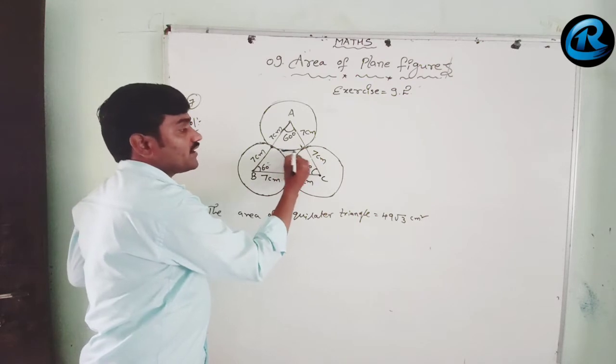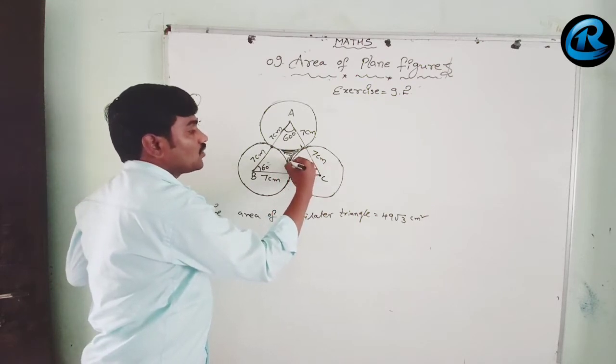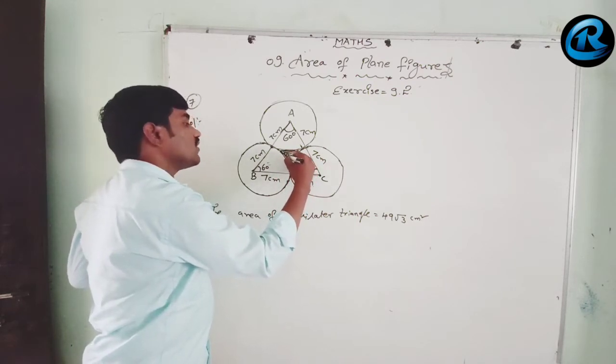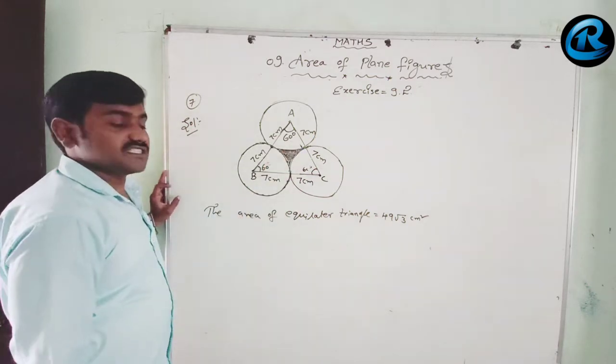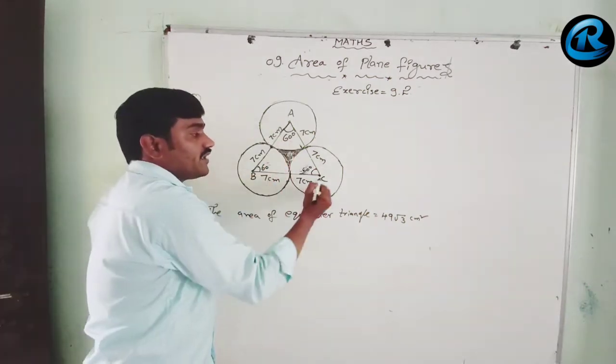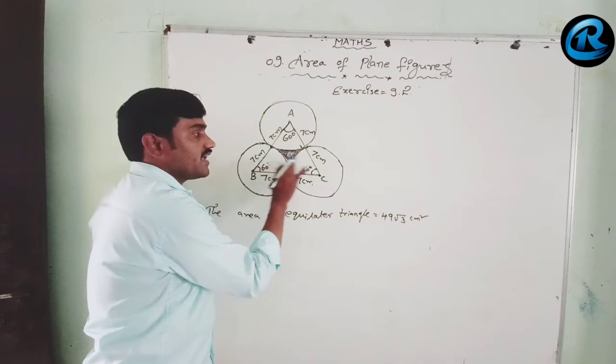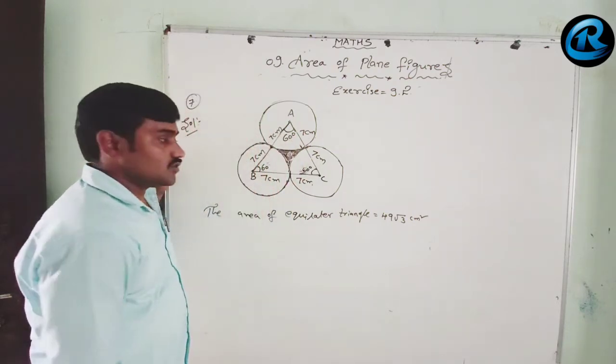So now we need to find out the portion which is not enclosed. The portion which is not enclosed by the circles, this area we have to find out. This is the place which is not enclosed by these circles. So area of equilateral triangle minus area of these three sectors. So let us do it.